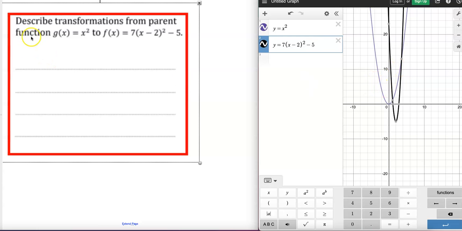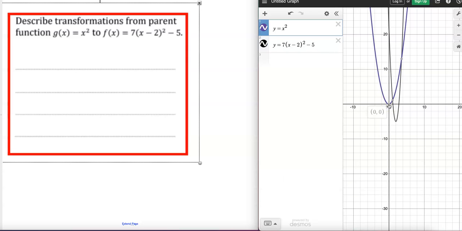As you can see, they want me to describe the transformations from the purple function, which was the first function we put in, to the second function. Automatically, if I'm just observing the vertex points, I can see that it shifted to the right 2, and it also shifted down 5 units.